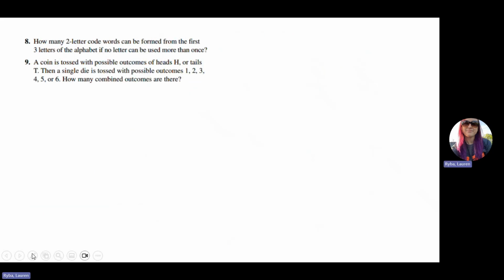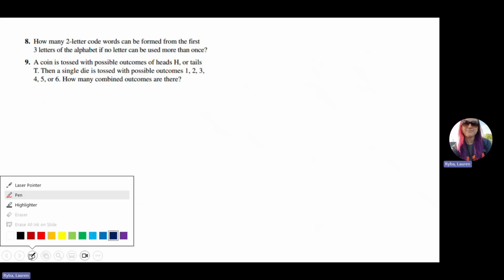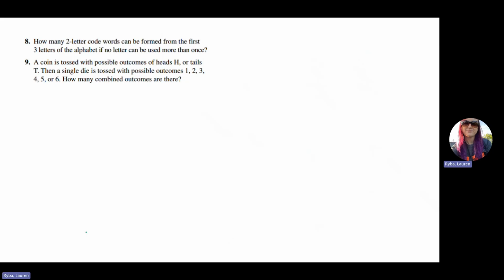How many 2-letter code words can be formed from the first 3 letters of the alphabet if no letter can be used more than once? Okay, I always like to write little blanks and fill them in. So 2 letters. I want to fill in 2 letters. I have 3 letters to choose from, the first 3 letters, A, B, and C, but I cannot repeat a letter.